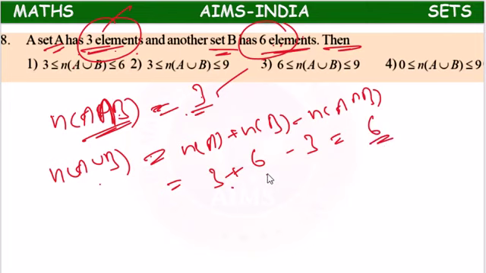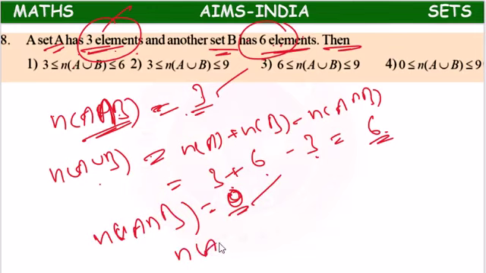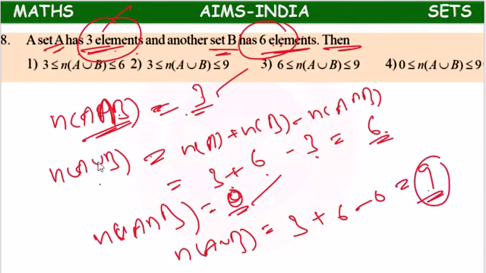If there is no common element, n of A intersection B is 0, so n of A union B is 3 plus 6 minus 0, means 9. If n of A intersection B lies between 3 and 0, n of A union B lies between 6 and 9.